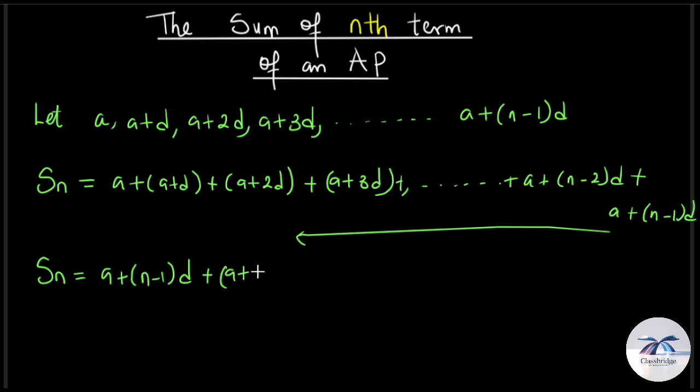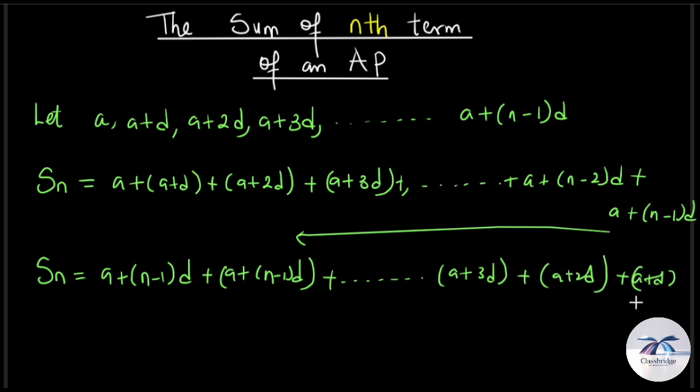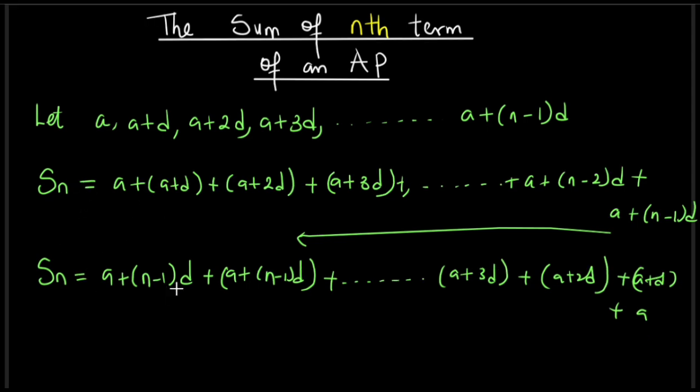So plus a plus (n minus 2)d, plus, till you get to this part, a plus 3d plus a plus 2d plus a plus d, and finally plus a. Now we have Sn written in two different forms. I want to sum these two Sn. I want to see what my result is going to look like.